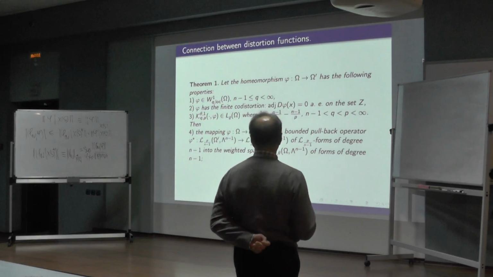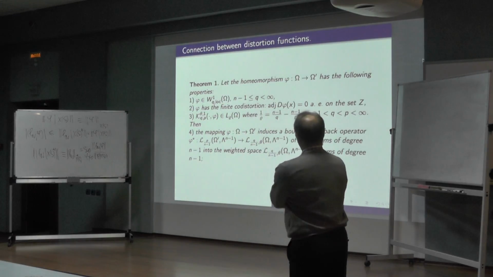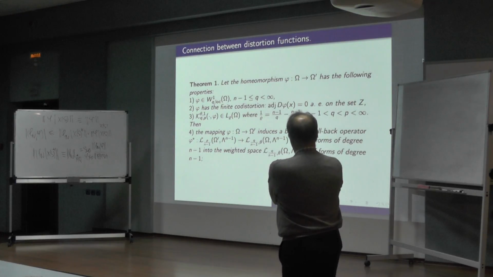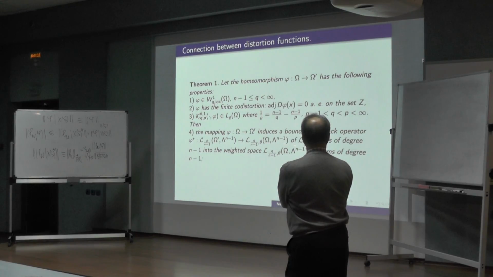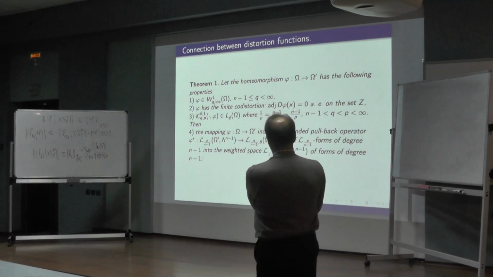And what can be derived? Why do we need this kind of homeomorphism? Look at this. We have this space of differential forms of degree n minus 1, and these forms are supposed to be integrable to the power p over n minus 1.